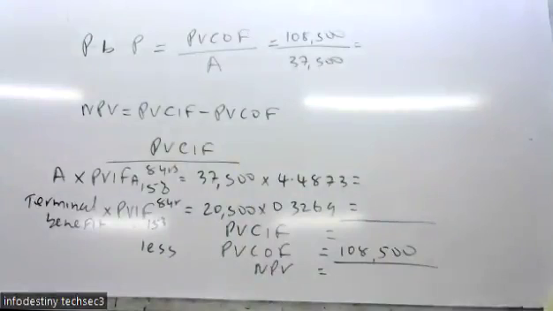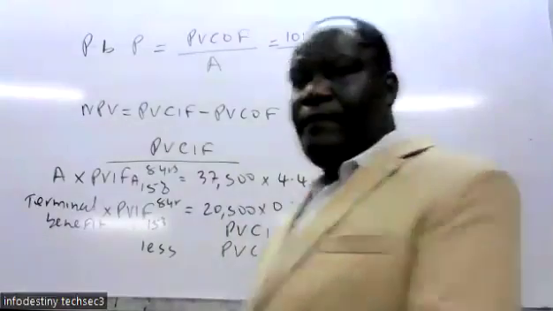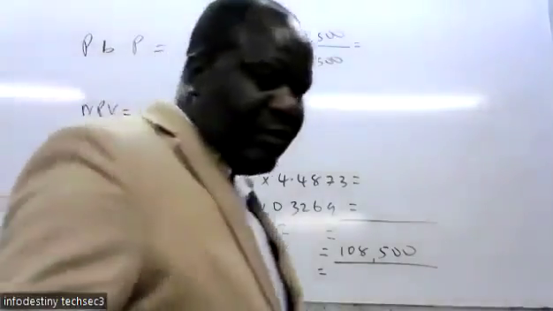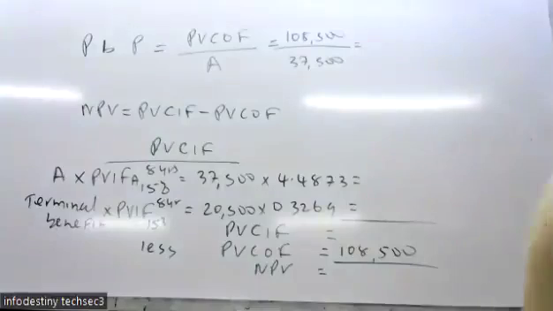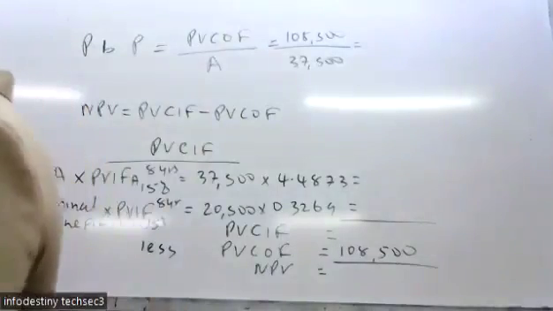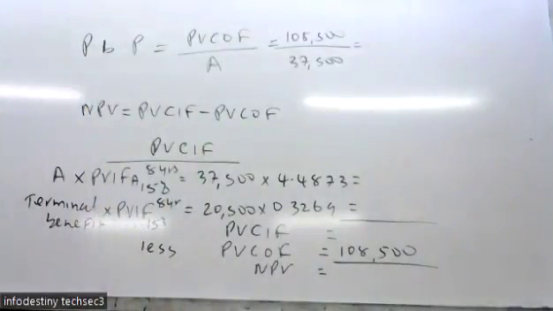Next, the information says that machine cost and semi-market. So that is now our Roman letter ii, how to compute the net present value.